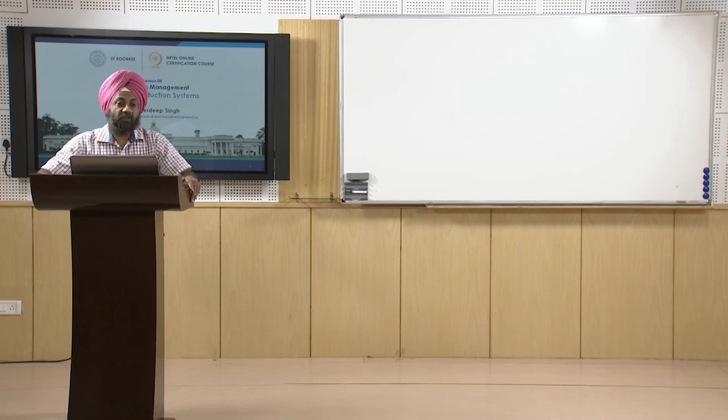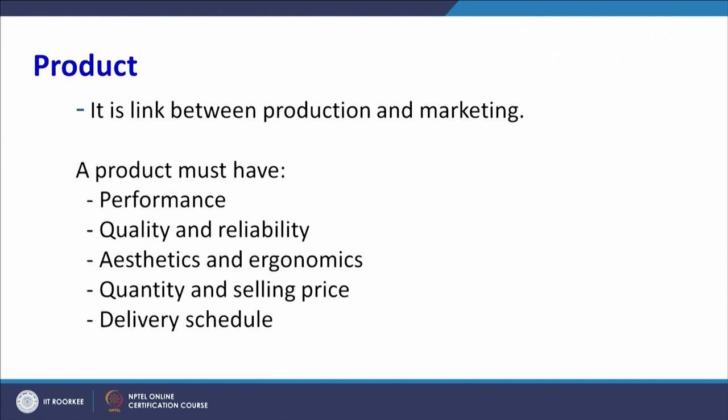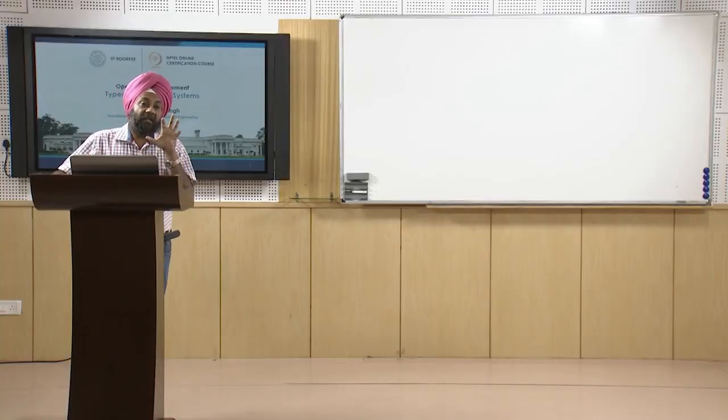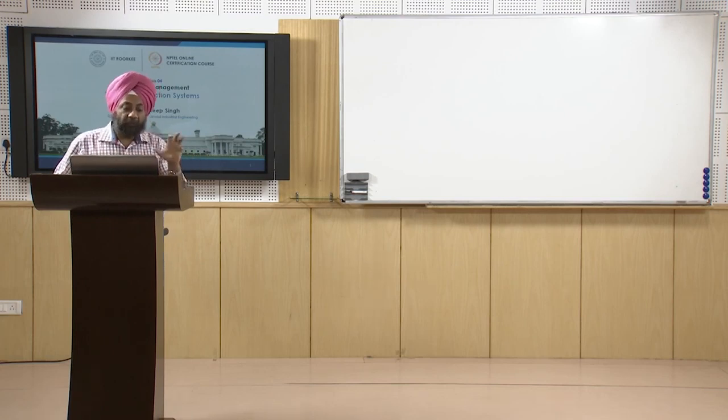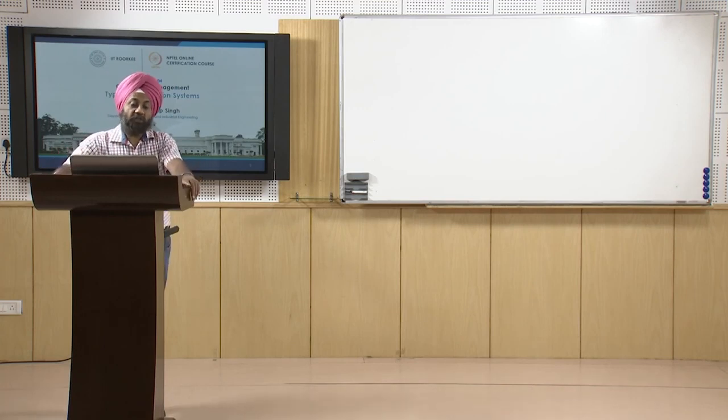So a product must have performance, quality and reliability, aesthetics and ergonomics, quantity and selling price, delivery schedule. So these are the important criteria related to a good product. That good product will be having good performance, quality, reliability, cost justification.